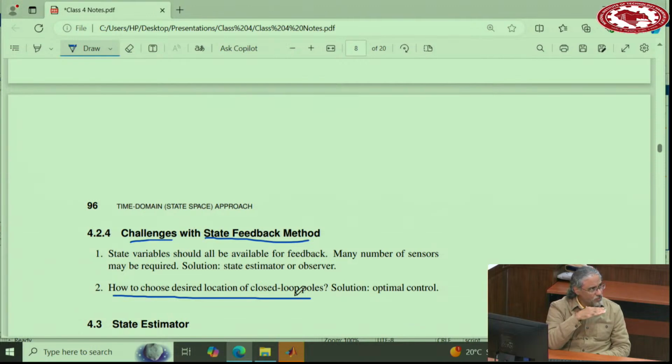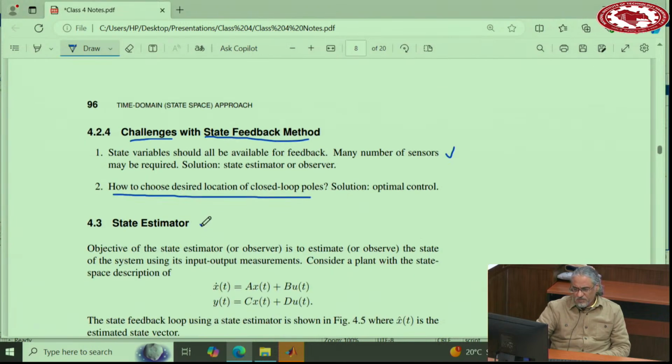But more than 2 poles you cannot choose. So like I said, the solution to the first one is using a state estimator, and the solution to the second one is using optimal control. In optimal control, we don't worry about the location of poles. We directly go and minimize a cost function.